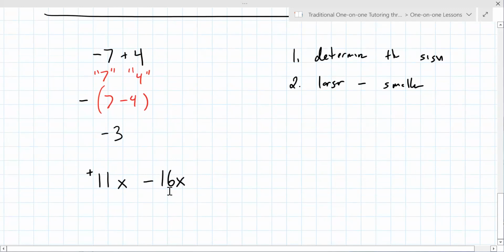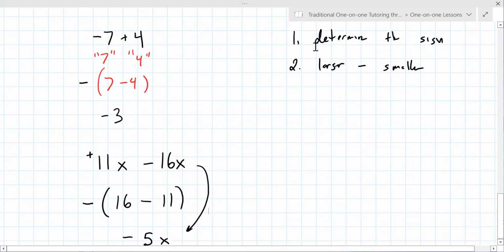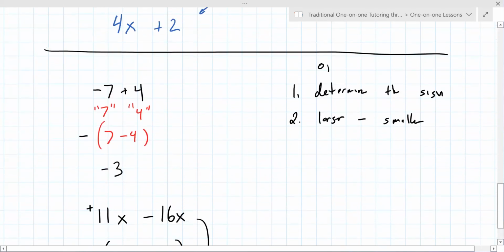Is the result positive or negative? It's negative. And then you take the larger, which is the 16, minus 11x. And that gives you minus 5x. Bring the x down. So that's what you do when they're opposite in signs. Determine the sign.